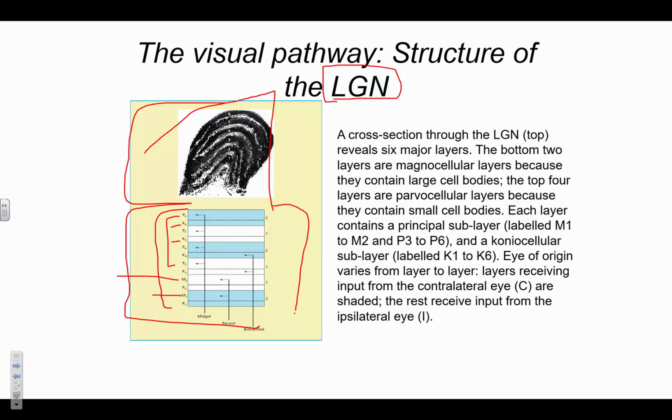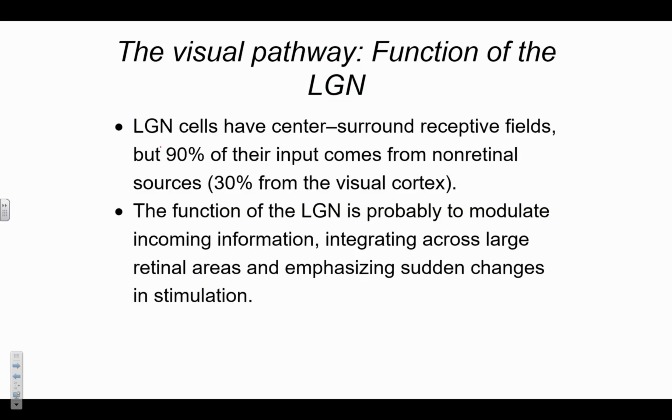Now, there's an interesting pattern in how this comes in, but don't worry about it. I've already talked about center surround. Not a big deal. The LGN does get information that's not coming from your eye. Some of it is coming from visual cortex back down.